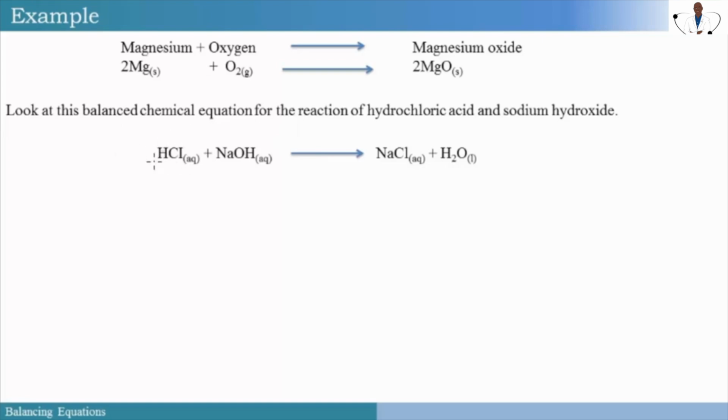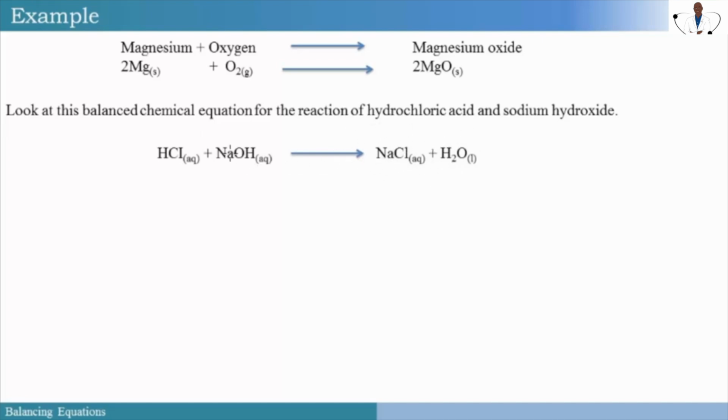Here, hydrochloric acid is reacting with sodium hydroxide. We form or produce sodium chloride and water. So the atoms in the reactants are rearranged to form the atoms in the products.